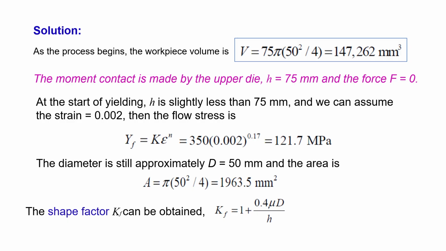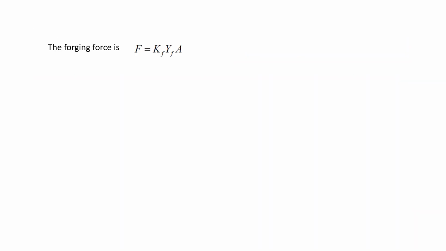Okay, we have 1 plus 0.4 multiplied by mu, multiplied by diameter divided by height, and we are going to have that the shear factor is equal to 1.027. Now we have everything to apply the equation for the force. Okay, so the force is going to be equal to the Kf multiplied by the Yf multiplied by the A. And the force now is equal to 245,410 Newton.